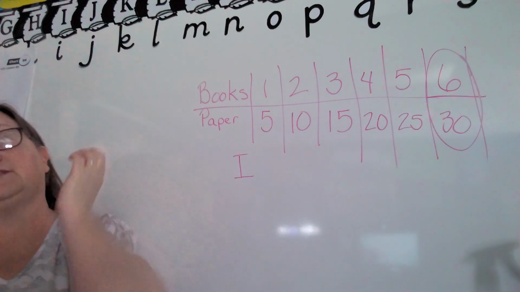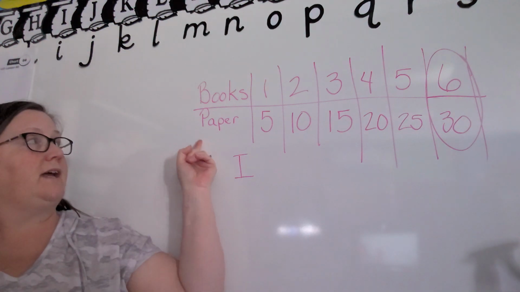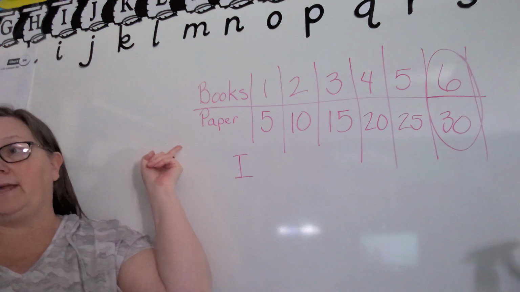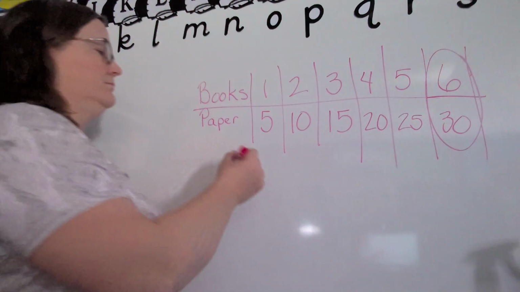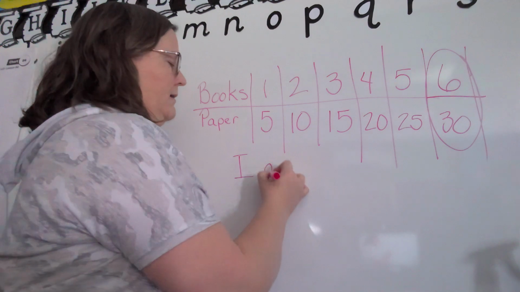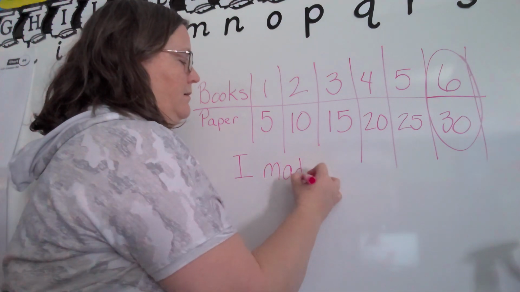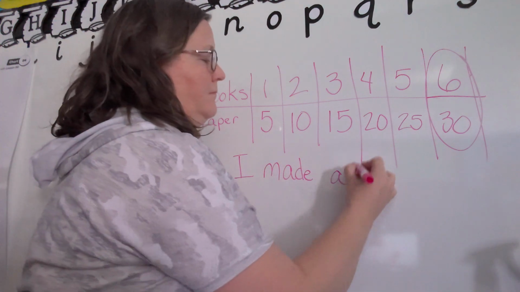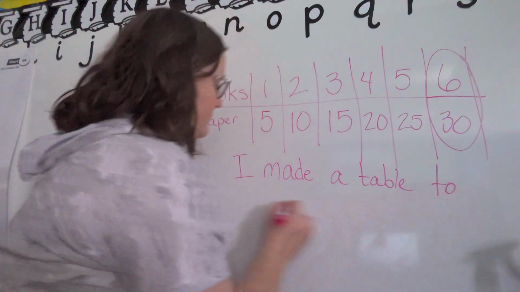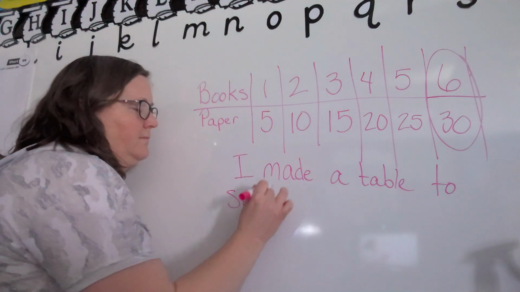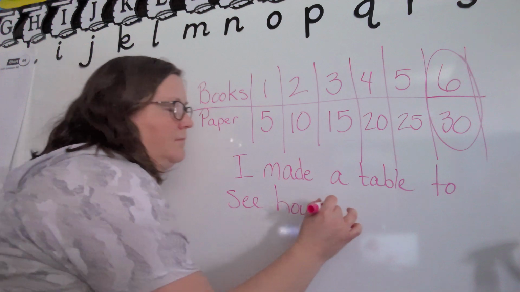So after that's all done, what did I do? I made a table to see how much paper I would need to make 6 books.